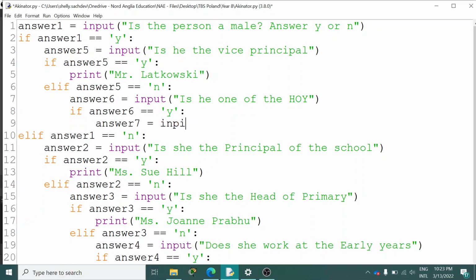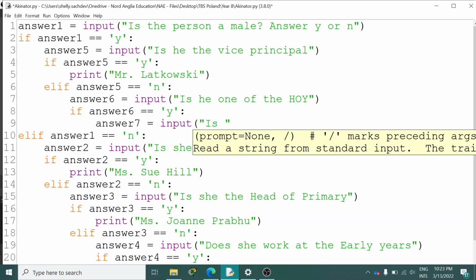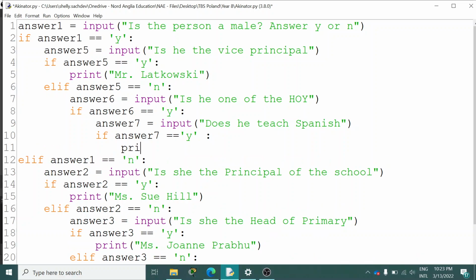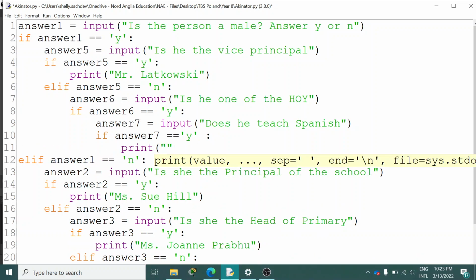So I'm going to ask input: does he teach Spanish? Okay. If answer 7 is equal to y, then we know it's Mr. Bentley, who is the head of year and who teaches Spanish.